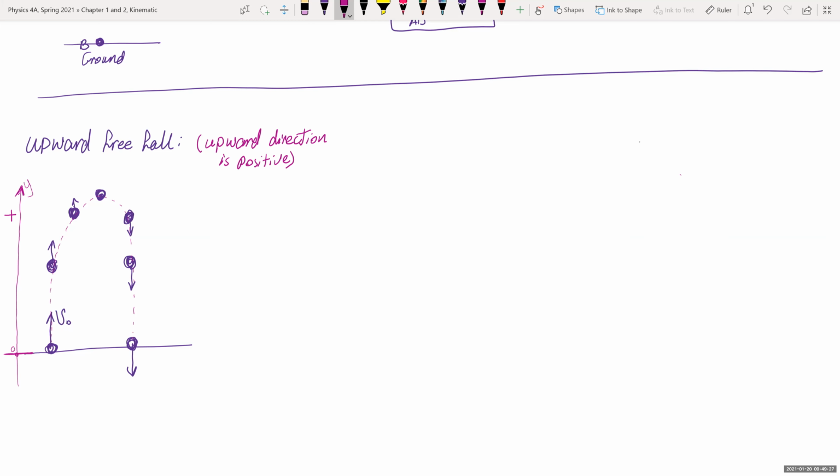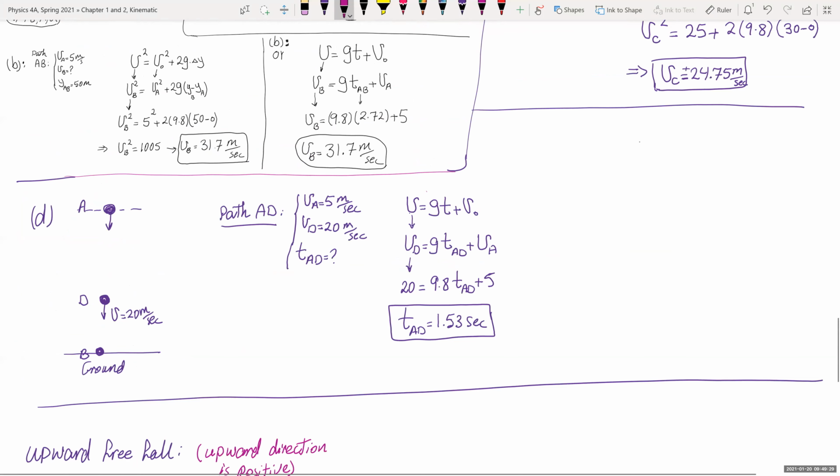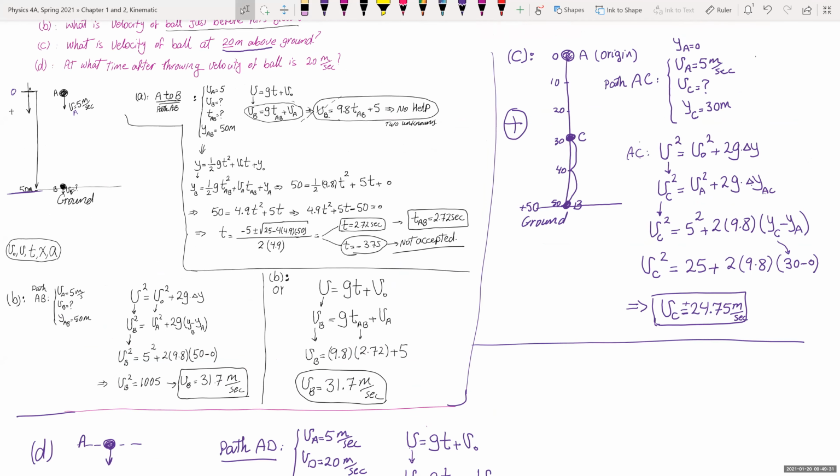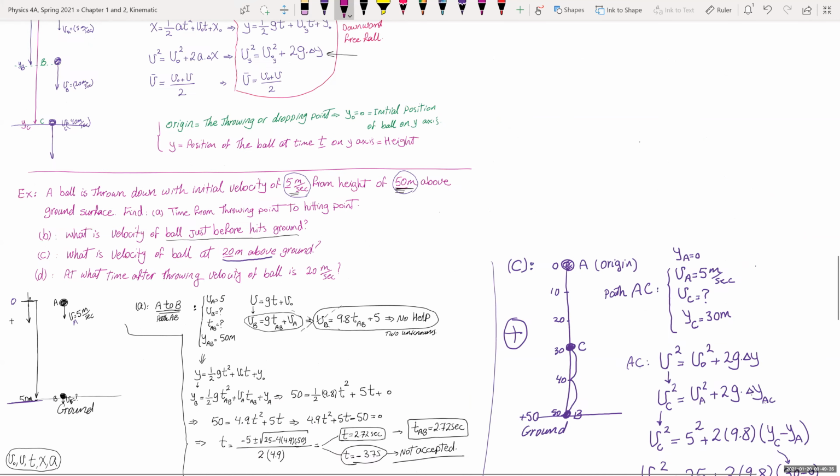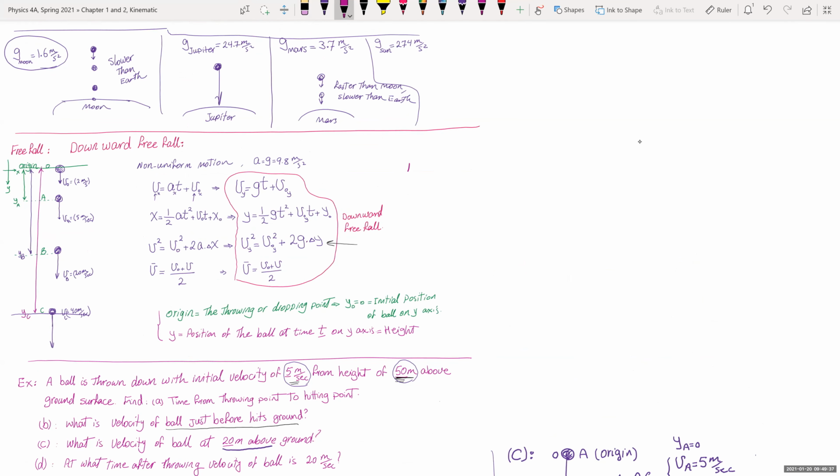But remember, in downward free fall, the downward direction is positive here. Don't forget this, please. Write it in your notes.